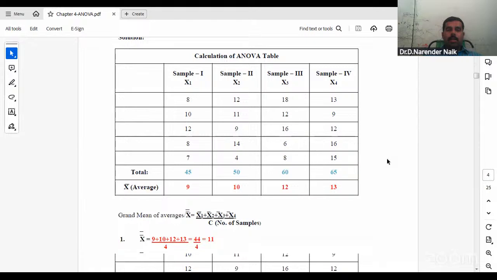Instead of A, B, C, D, just write sample 1, sample 2, sample 3, sample 4, that is x1, x2, x3, x4.